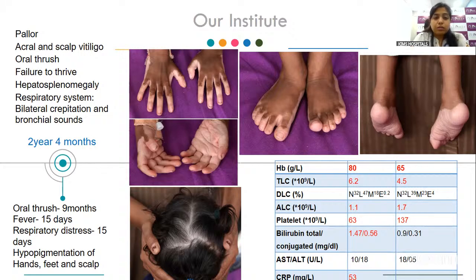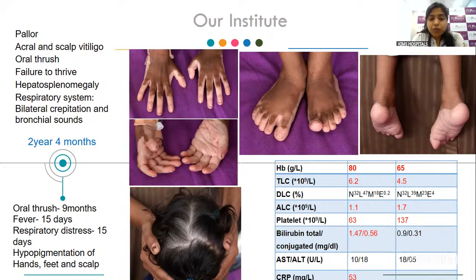On basic laboratory investigations, we found the child had anemia. The lymphocyte count was borderline, as more than 1,000 is taken as normal for this age group, but it was almost just borderline. The child also had thrombocytopenia with elevated CRP.